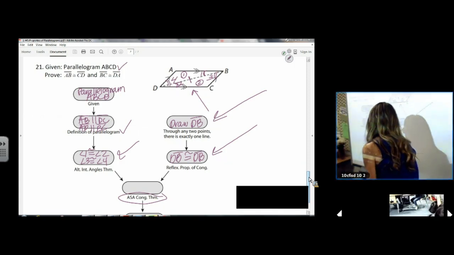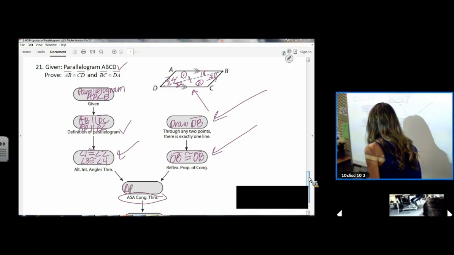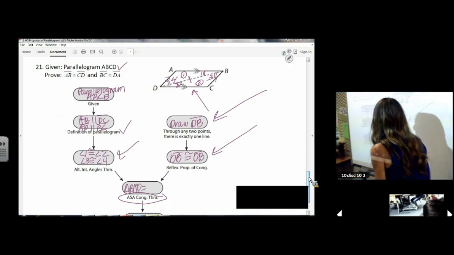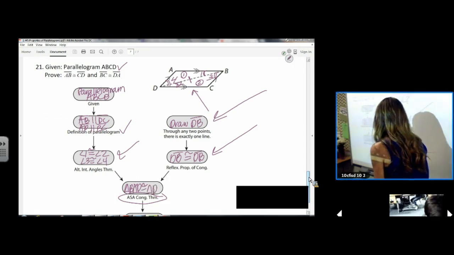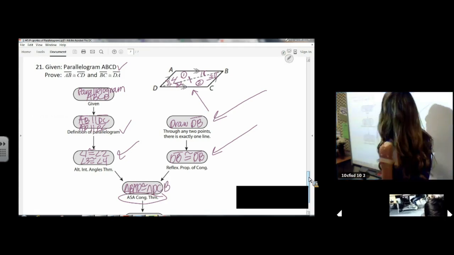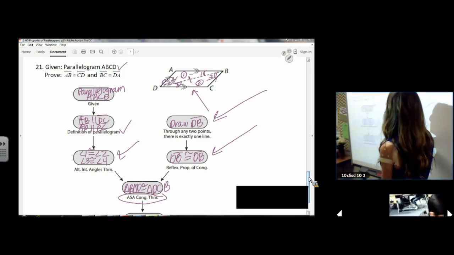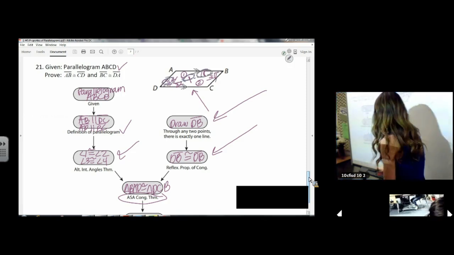All right, so triangle BAD, we'll do BAD this time, is congruent to triangle DCB by angle, side, angle. See that? Angle, side, angle. I know I'm making my picture really messy.